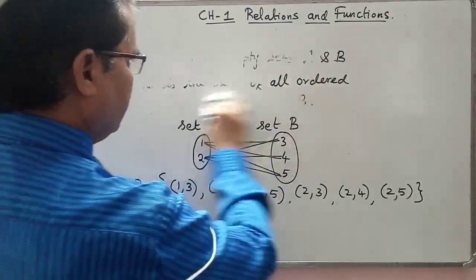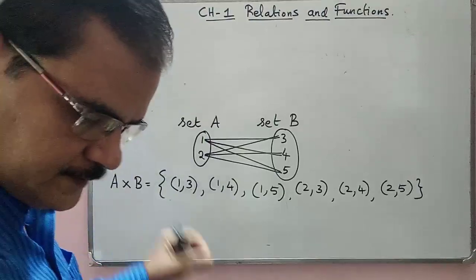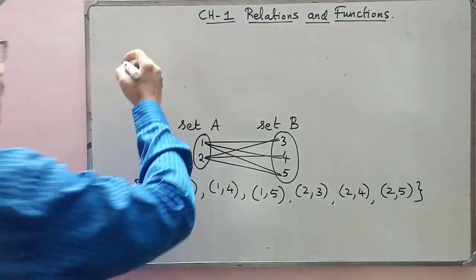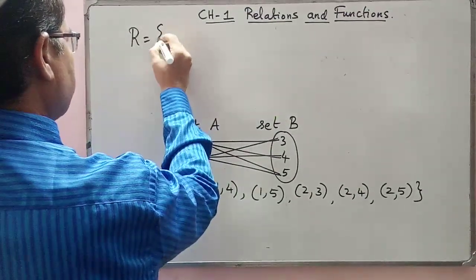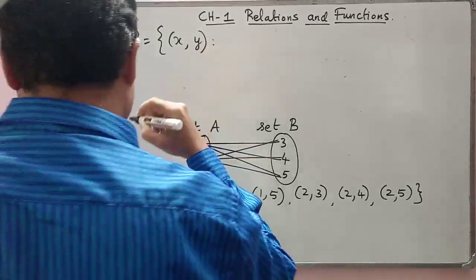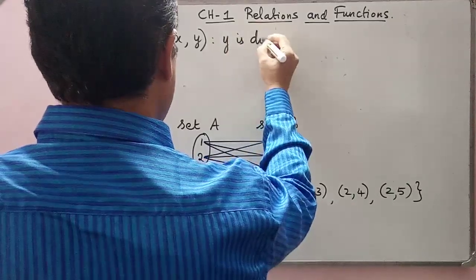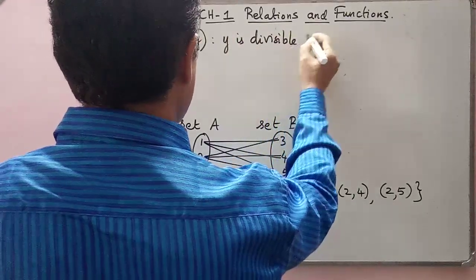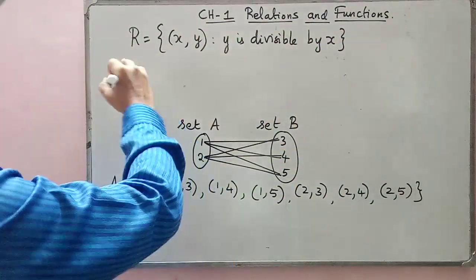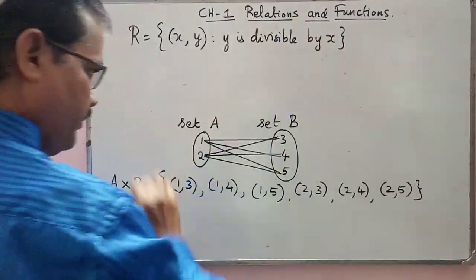Now I define a relationship between these two sets, defining R as the set of all ordered pairs (x, y) such that y is divisible by x.